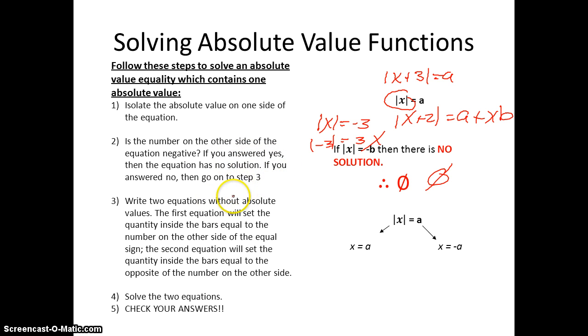Step 3: write the two equations without absolute values. So basically what we're going to do here is, this is what we get down to, absolute value of x equals a. Well, we have to know that x equals a or x equals negative a.